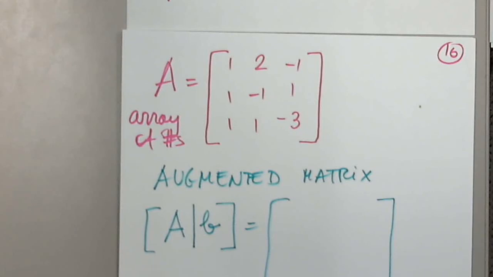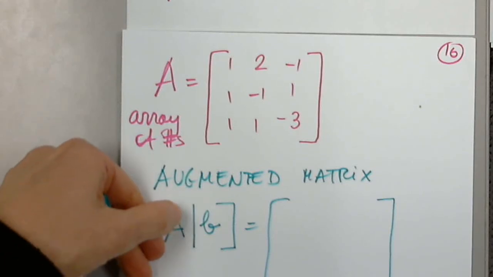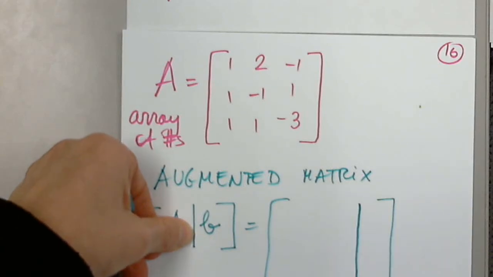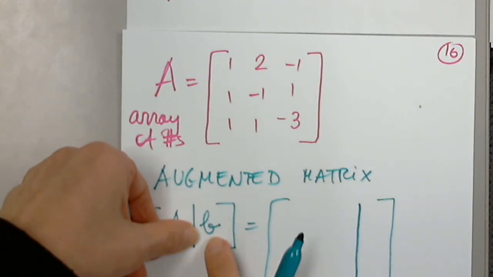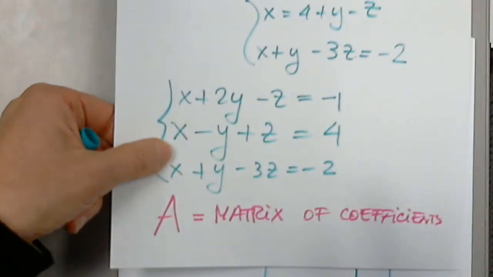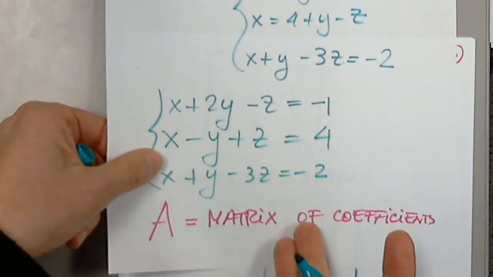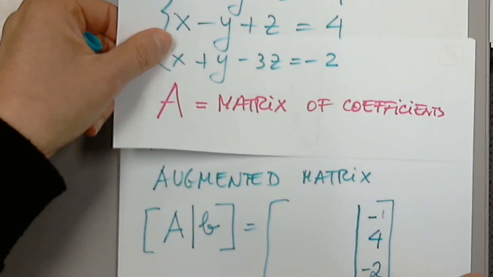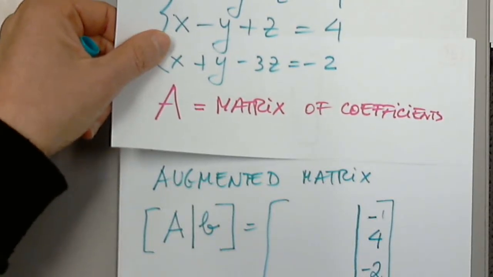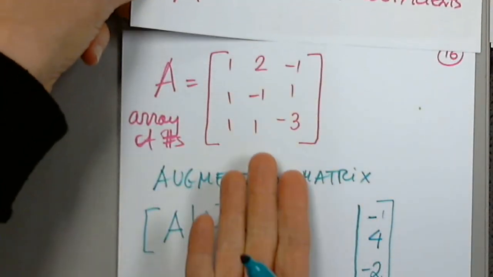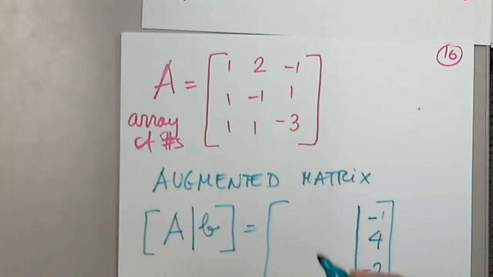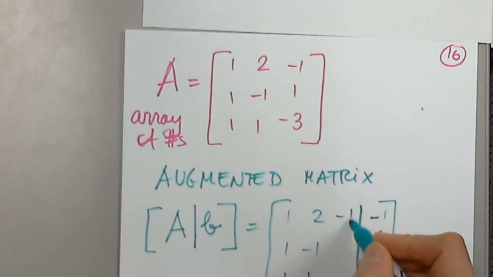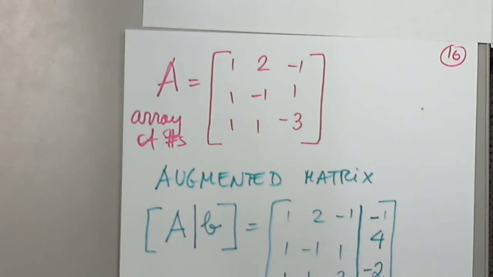This vertical bar will be right here as well. The lowercase b are just the free terms, -1, 4, -2. And the rest, I copy the matrix in here: 1, 1, 1, 2, -1, 1, -1, 1, -3.